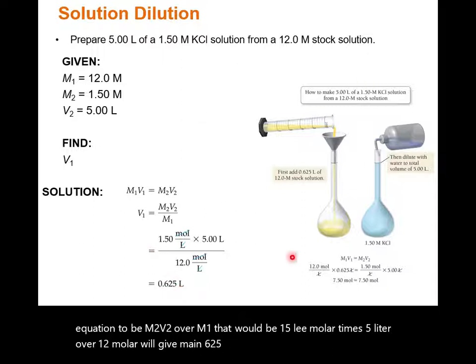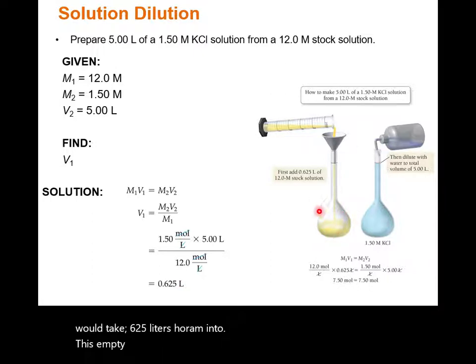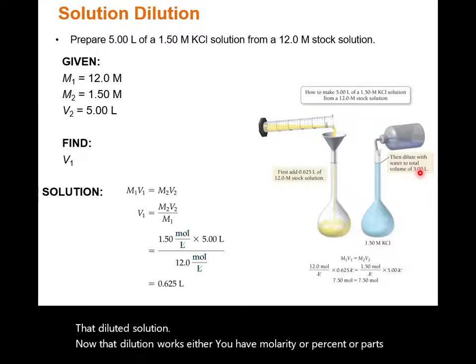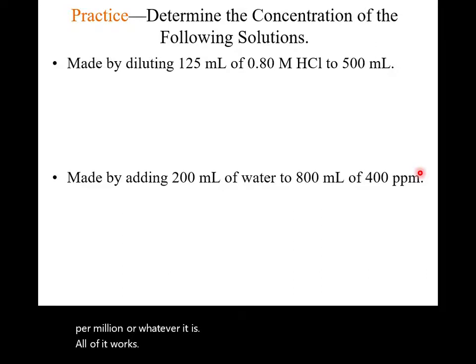The way you would prepare this, you would take 0.625 liters, pour it into this empty flask, then add enough water to reach 5 liters, and you've got yourself the diluted solution. Now that dilution works whether you have molarity or percent or parts per million or whatever it is. All of it works. All right, so try the following.